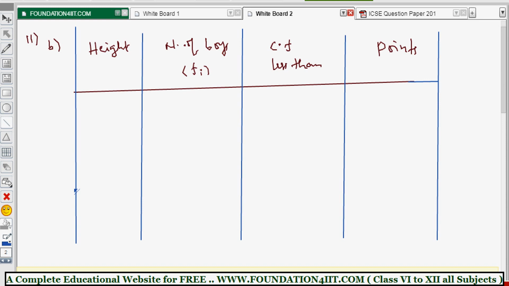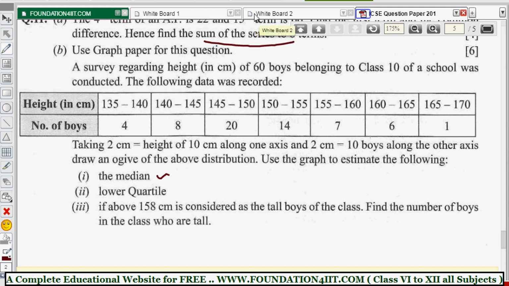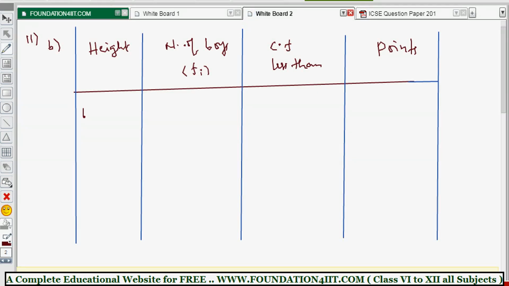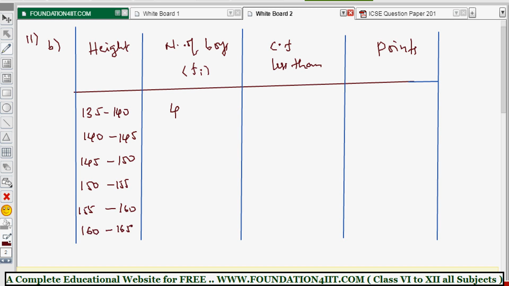Height will start from 135. So I come to the question: 135 to 140 has 4 students, and 140 to 145, 145 to 150, 150 to 155, 155 to 160, 160 to 165, and 165 to 170.